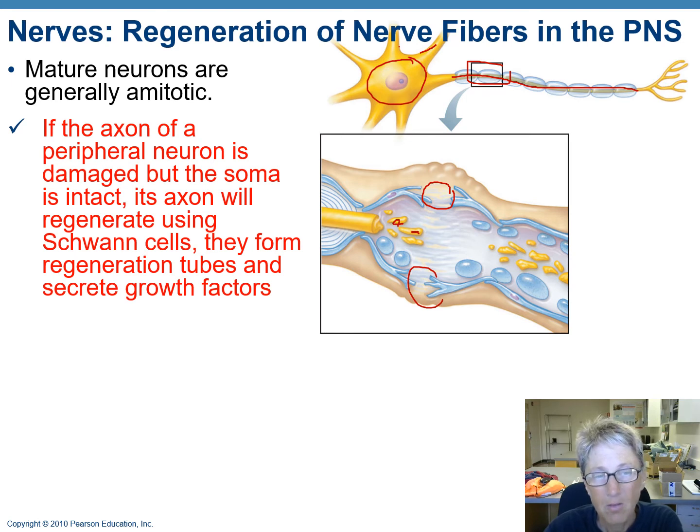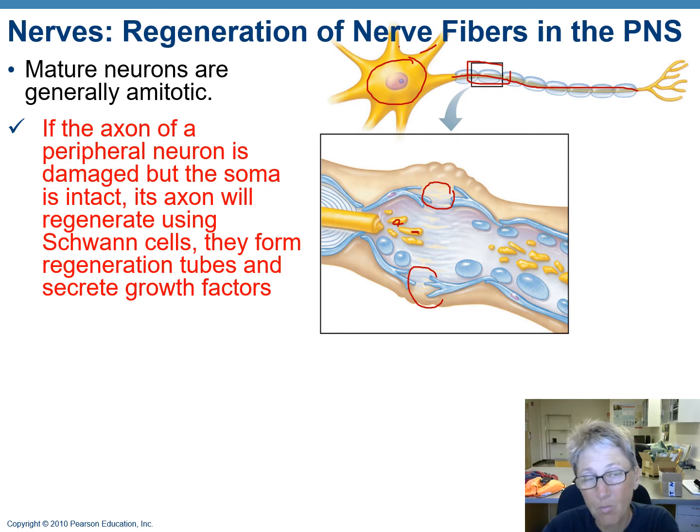So if the axon of a peripheral neuron, not a central nervous system neuron, is damaged and the soma or cell body is still intact, its axon can regenerate using the cells that make up the myelin sheath, called Schwann cells.